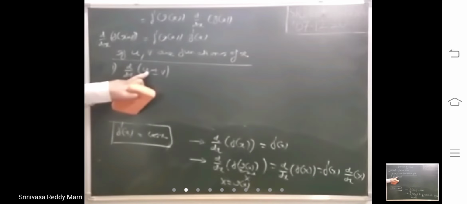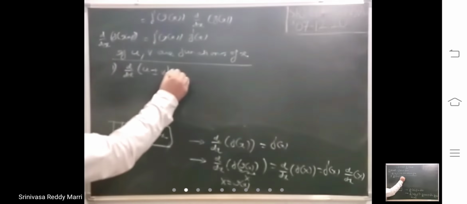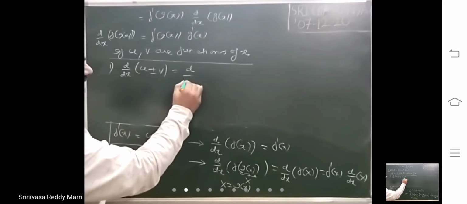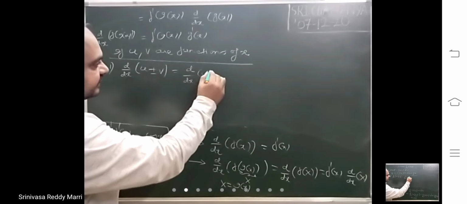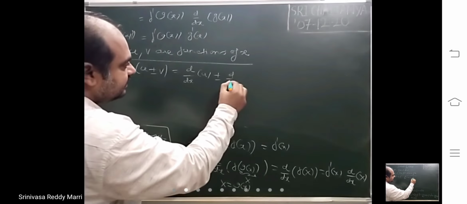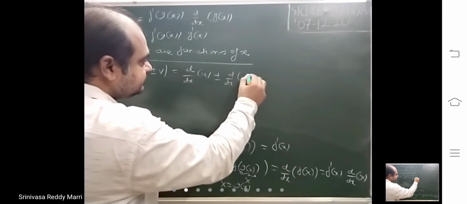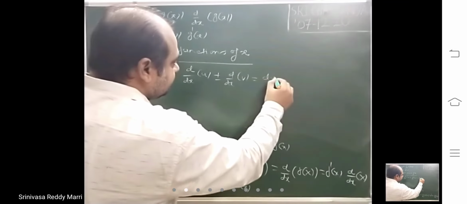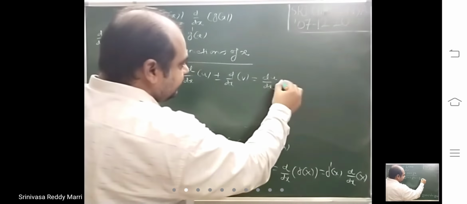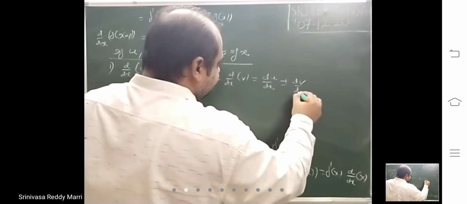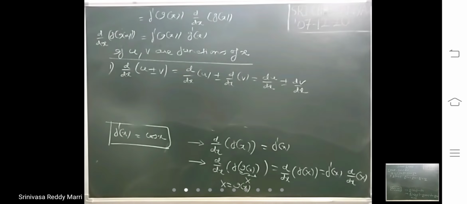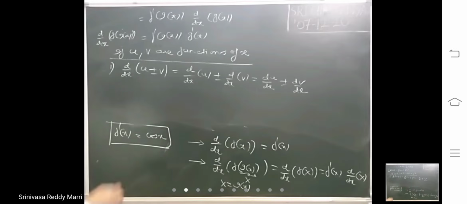That means if a sum or difference function is there, then this is nothing but d by dx of the first function plus or minus d by dx of the second function. That means this is nothing but du by dx plus or minus dv by dx. This is the sum or difference rule.